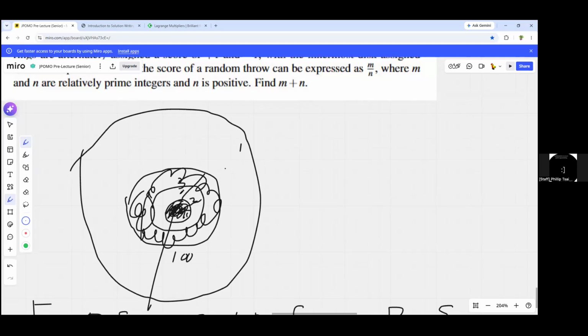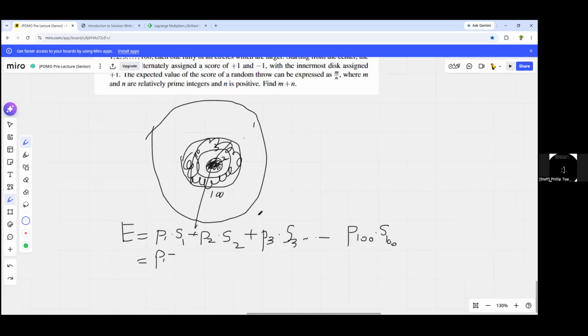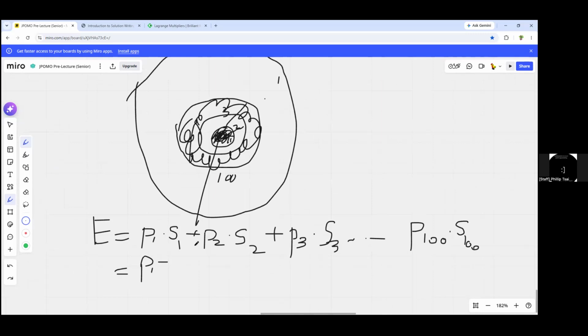As it goes on, P2 is the probability of hitting here, P3 is the probability of hitting here, and so on. Why are we doing this? Because this is the definition of the expected value. We need to define what we're trying to get first in a problem like this.